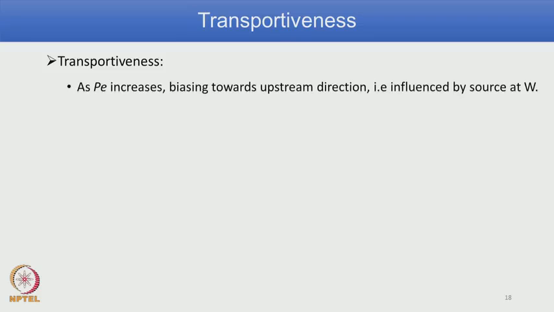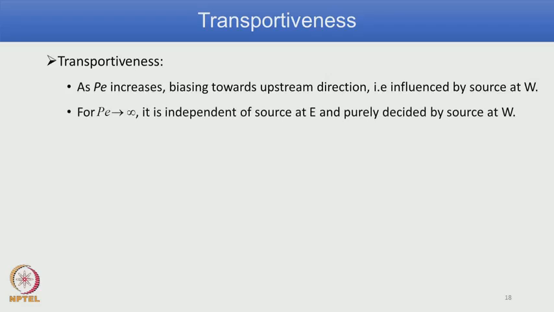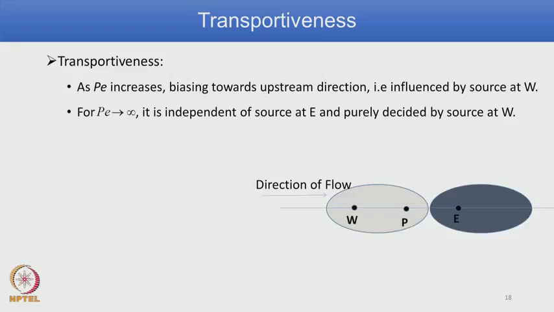Now, the other case is as the Peclet number, that is the ratio of convective flux to diffusive flux, increases: the biasing is towards the upstream direction, and P is influenced by the source at W. So, as you can see, P comes into the domain of influence of the W node.